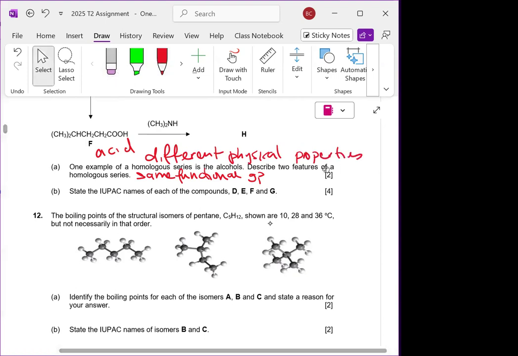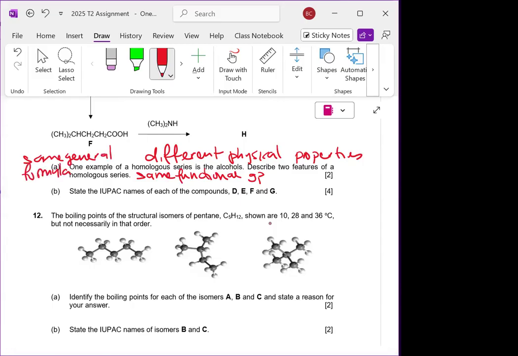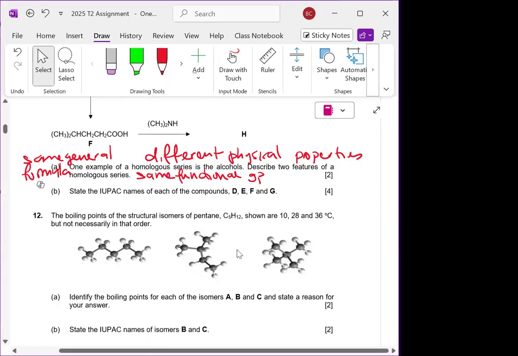Okay, other possible answers may also include same general formula, or differ by a CH2 unit.